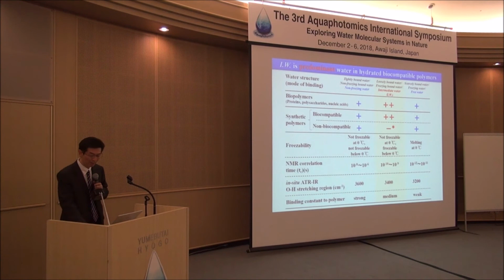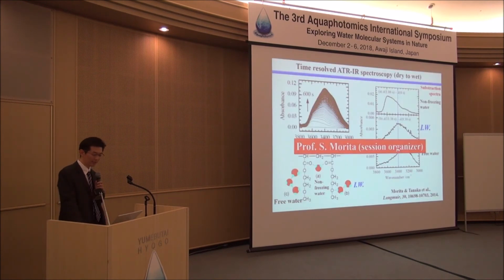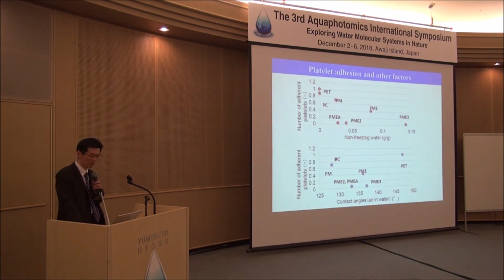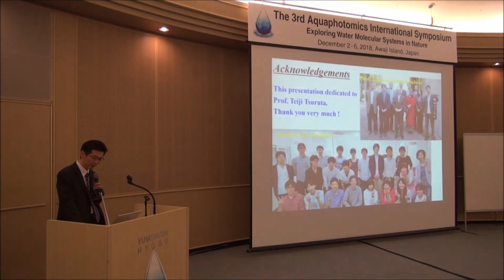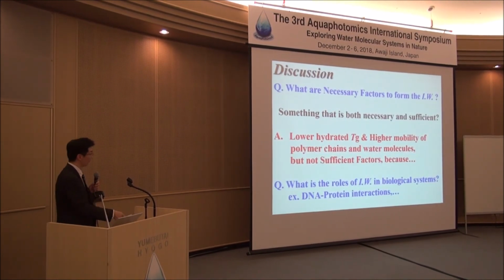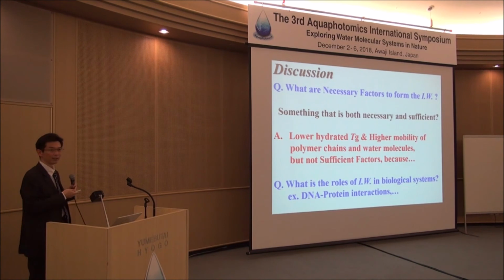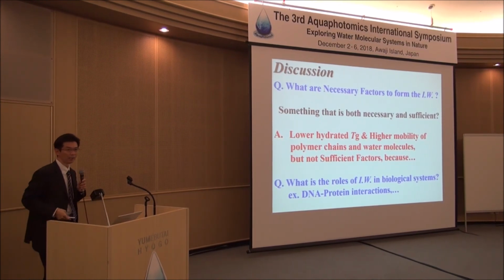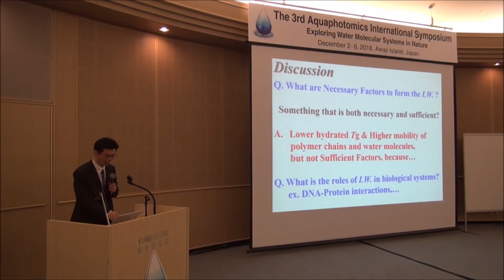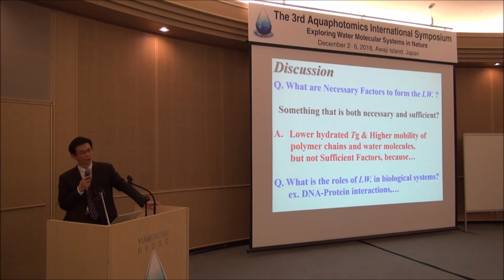The much more important factor is like this, the hydrated Tg, the glass transition temperature. It is one of the much more important factors rather than chemical structure. This is one answer to your question.